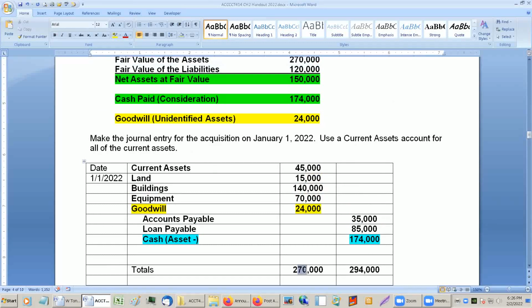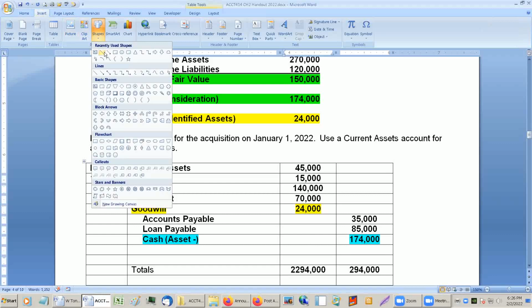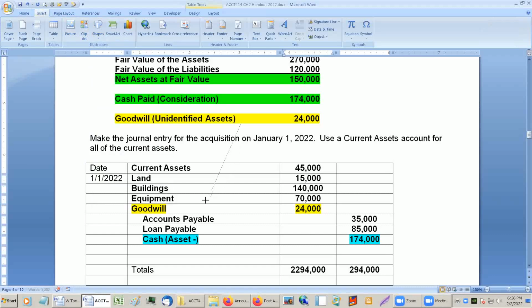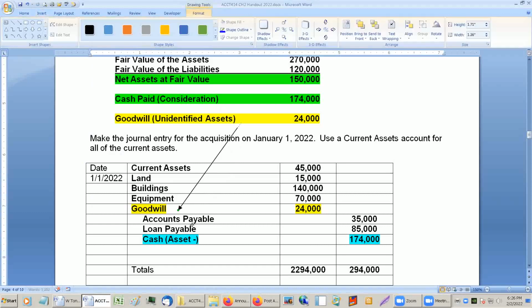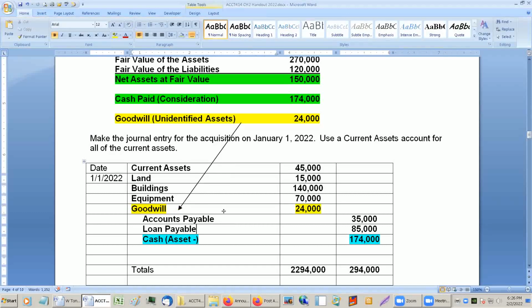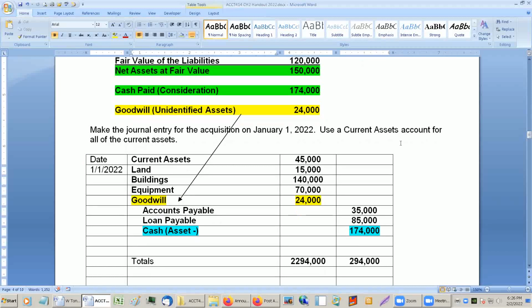I'll bring that up to 294. Whoa, it's a little bit pricey down there. Yeah, there we go.